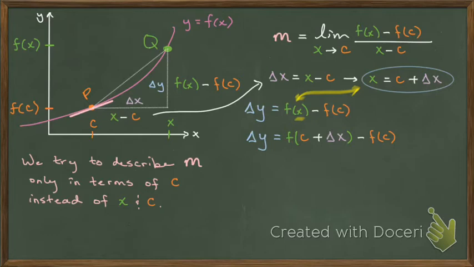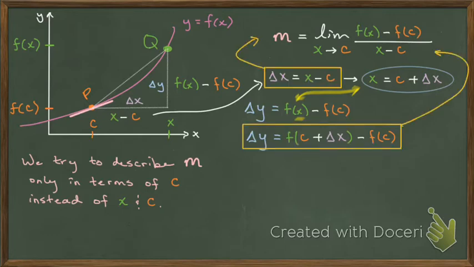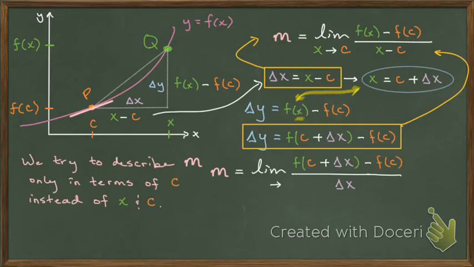When I plug this all in to my slope equation, my slope of the tangent line, that limit, I'm going to get the limit as now not x approaches c, but delta x is approaching 0. So my numerator and denominator I'm going to replace by what I've boxed in yellow there.